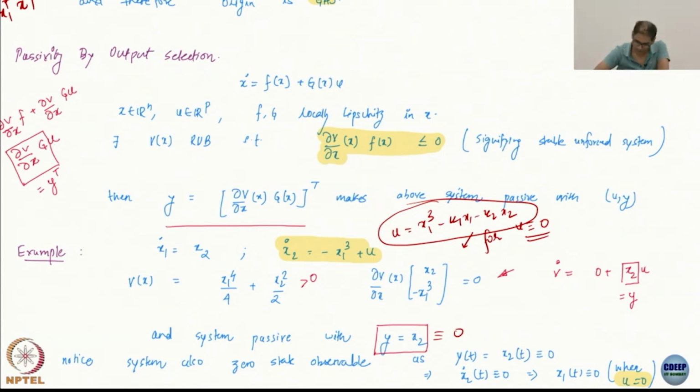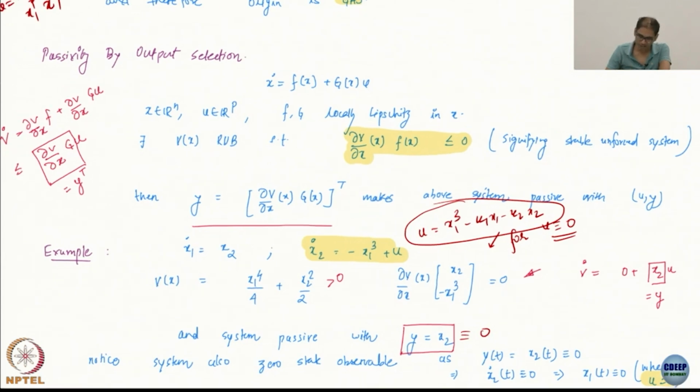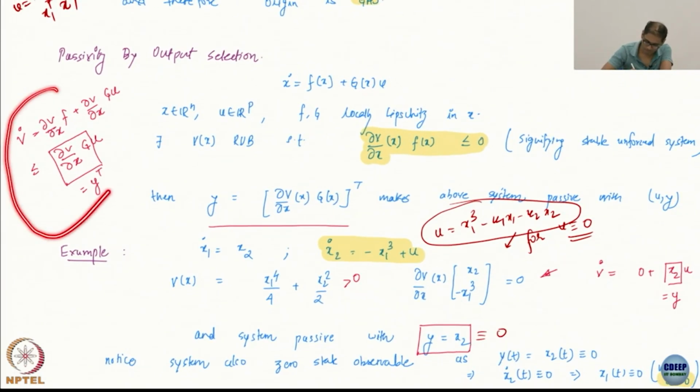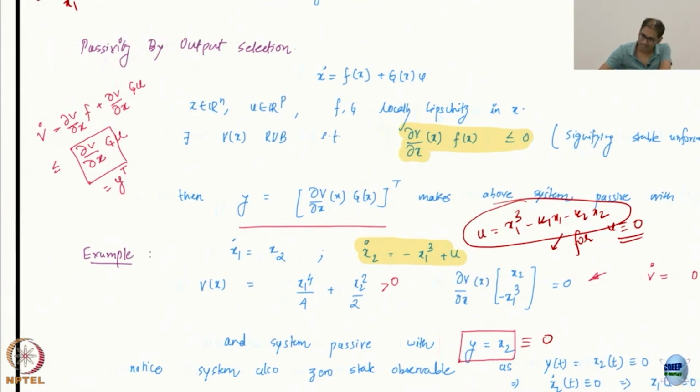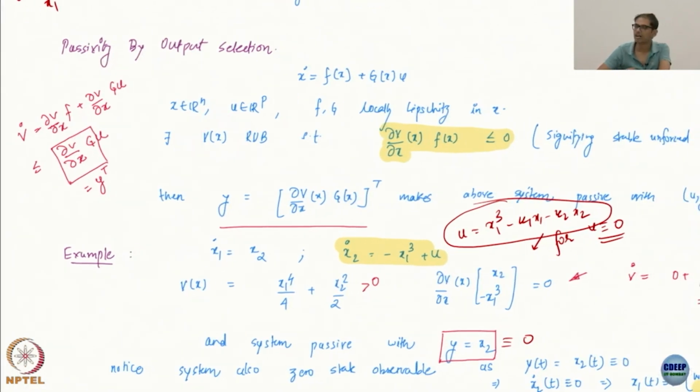Okay, great. If you have that, then you can choose your y as this, to make the system passive. Do you understand why? Because of this. If I take the same radially unbounded function V, and I take its V dot along the entire trajectory, not just the uncontrolled trajectory, I get this.